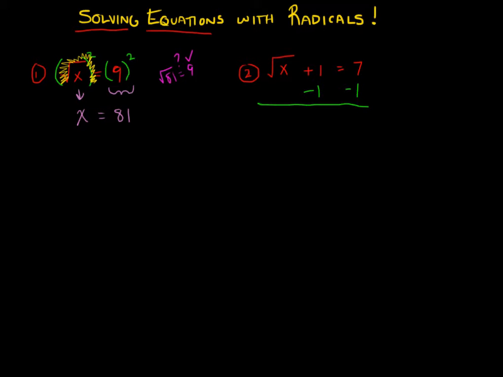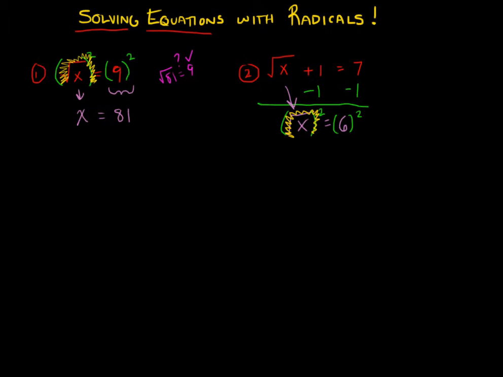So when I do that, I end up with the square root of x is equal to 6. Just like we did in the last problem, to get rid of a square root, I'm going to want to square both sides, so that these will cancel out, leaving me with just the radicand.